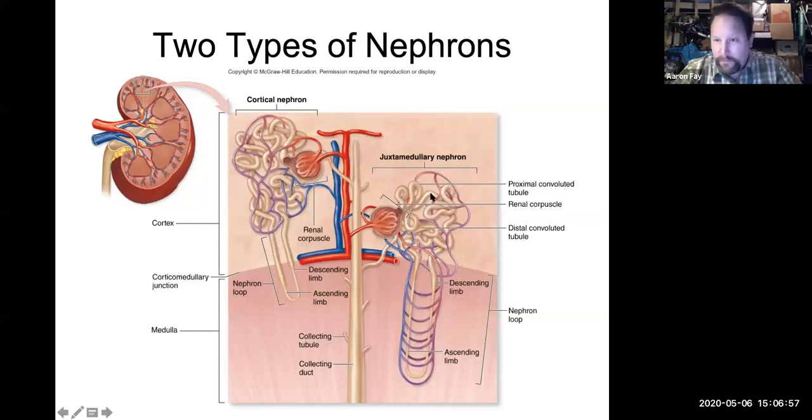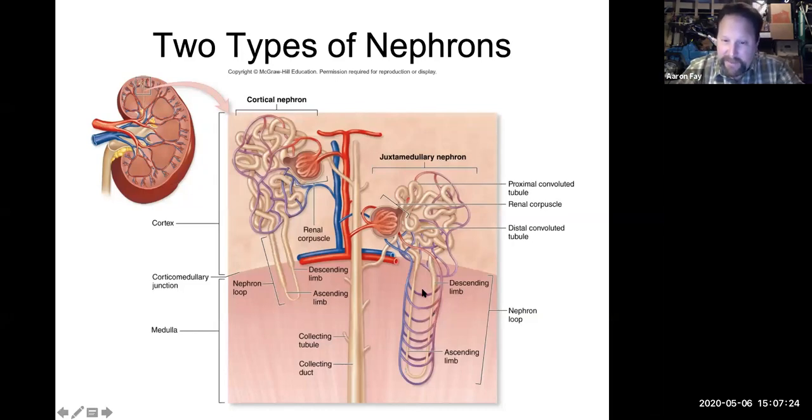Now, the second set, where there's only about 15% of them, we have the juxtamedullary nephron. To juxtapose something is to put one thing next to another thing. So the juxtamedullary nephron is the nephron right next to the medulla. So it also has proximal convoluted tubule, distal convoluted tubule, but it also has this really long nephron loop that dives way down into the medulla and comes back up.